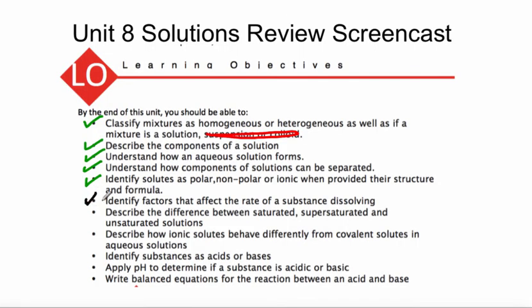All right, next thing, identifying factors that affect the rate of a substance dissolving. This one's a pretty straightforward one because if you think about ways that you could get something to dissolve faster, it goes pretty quickly. So things that can affect the rate of a substance dissolving, there's a few primary ones. Number one, stirring. Stirring causes the solute and solvent to interact more frequently, making the substance dissolve at a faster rate.